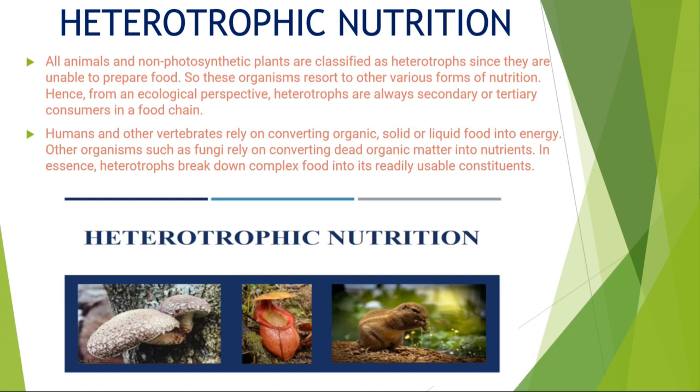The primary producer is the green plant, which is autotrophic, and then the secondary and tertiary consumers are heterotrophic in nature.